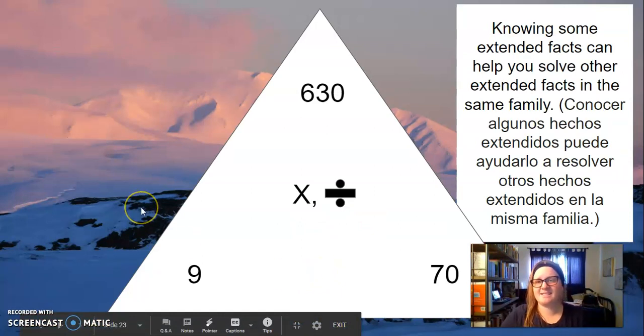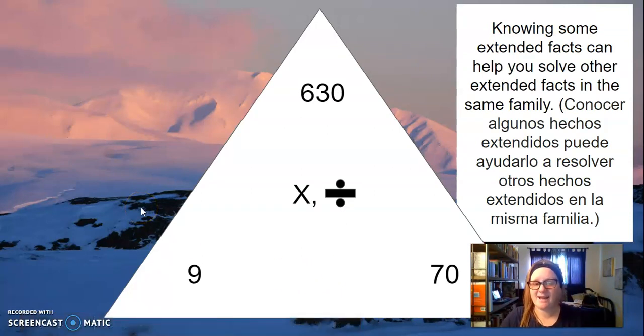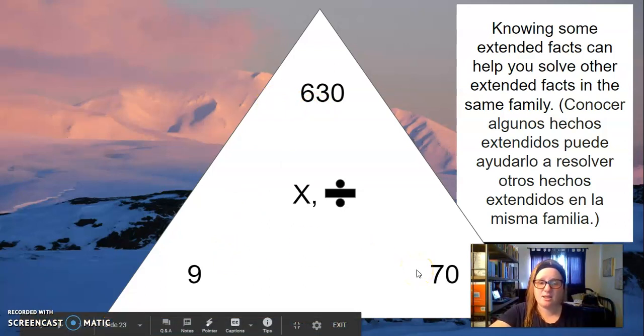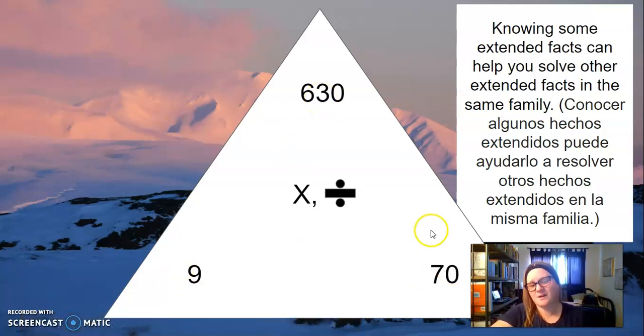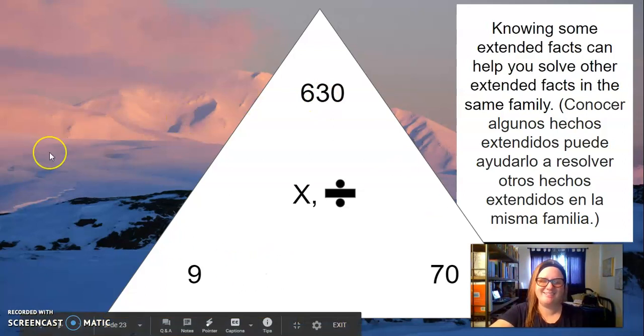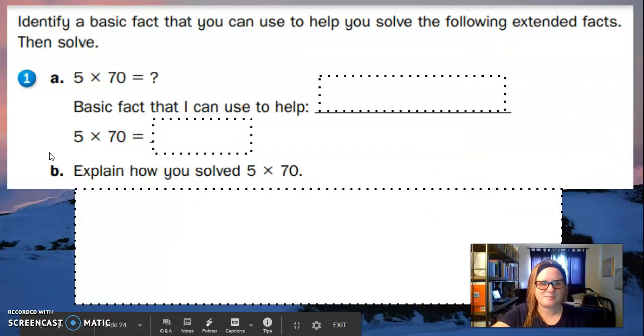Knowing some extended facts can help you solve other extended facts in the same fact family. For instance, if we know that 630 divided by 9 equals 70, then we know that 70 times 9 equals 630. Or 630 divided by 70 equals 9. So many ways you could do it.